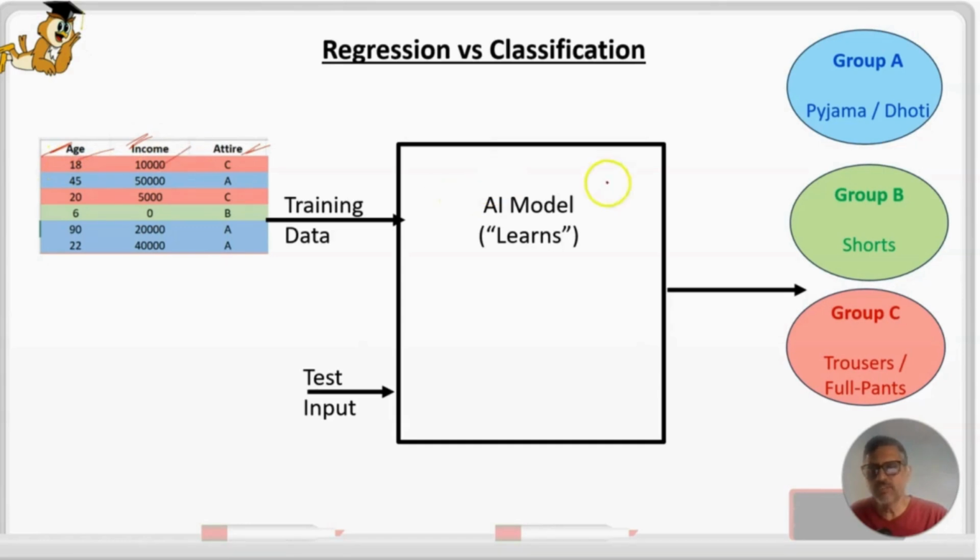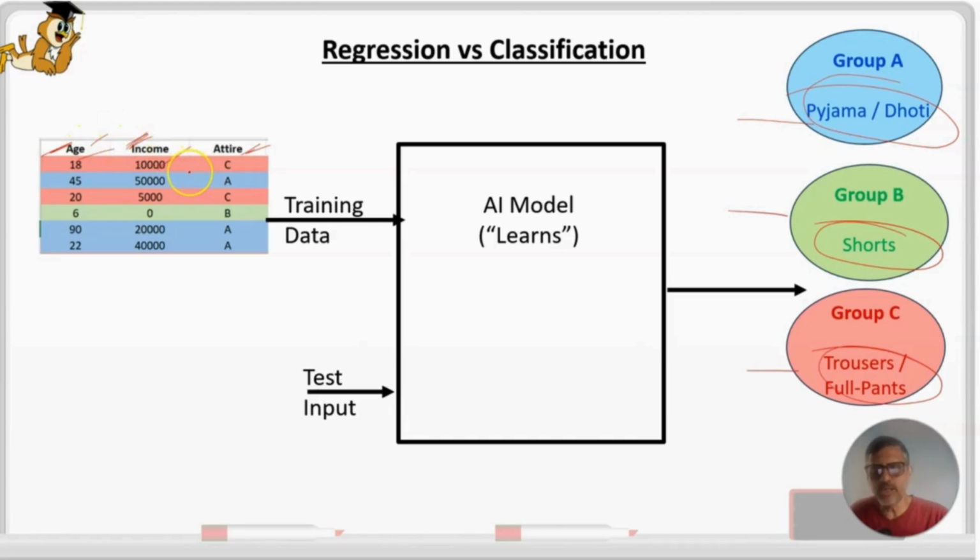We had defined three categories, three classes, three buckets of the output. Group A, or category 1, was the category of people who wore a pajama or a dhoti. Group B was people who wore shorts. Group C was people who wore trousers or full pants. And your training data, of course, looked like this.